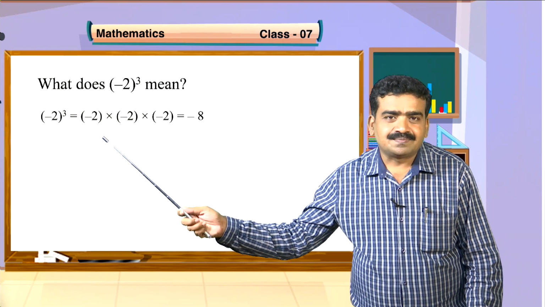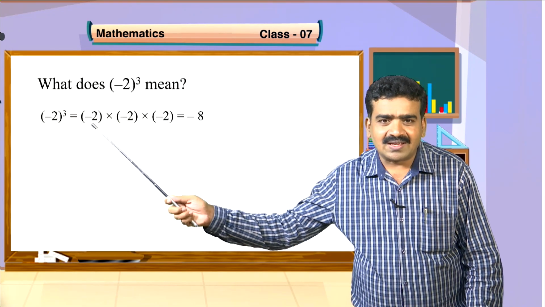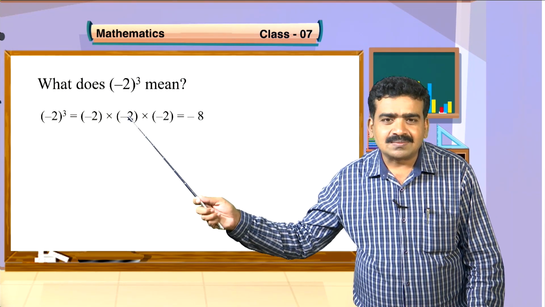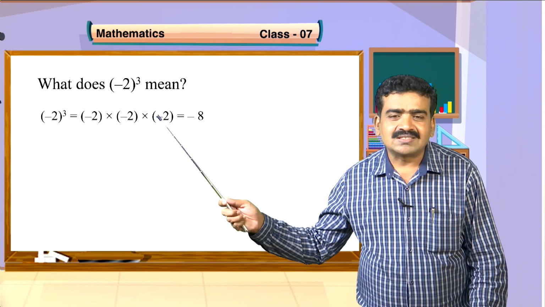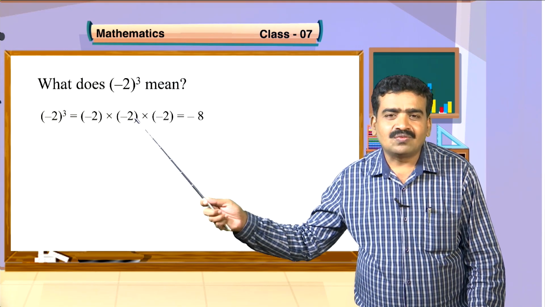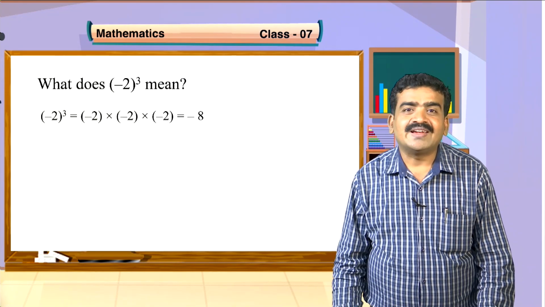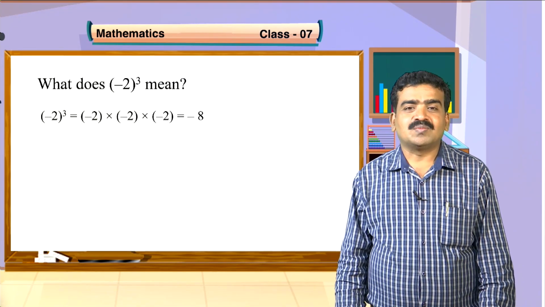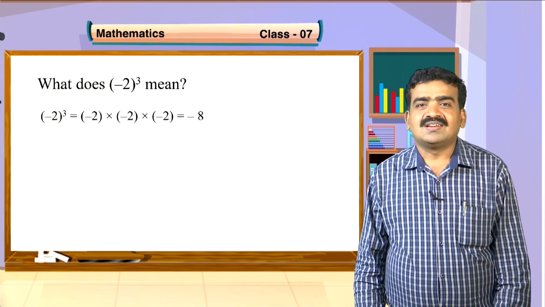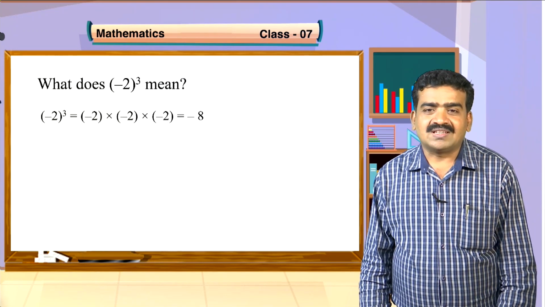Apply the sign rule of multiplication: minus into minus is plus, plus into minus is minus. Therefore, 2 2s are 4, 4 2s are 8, we will get minus 8. So, the value of minus 2 to the power of 3 is minus 8.